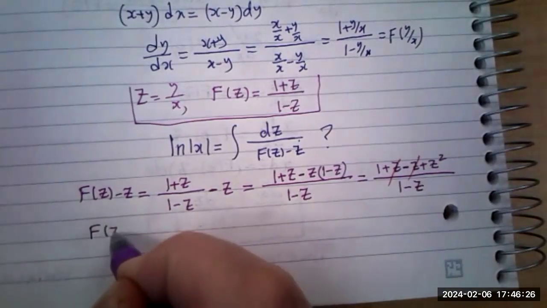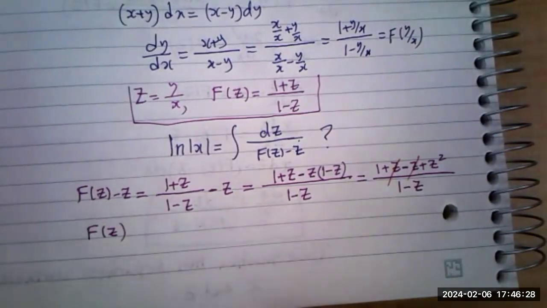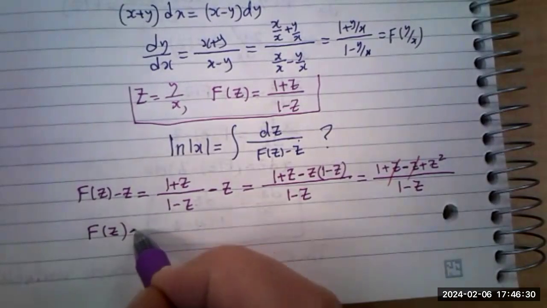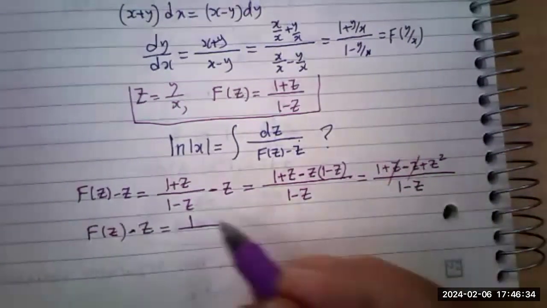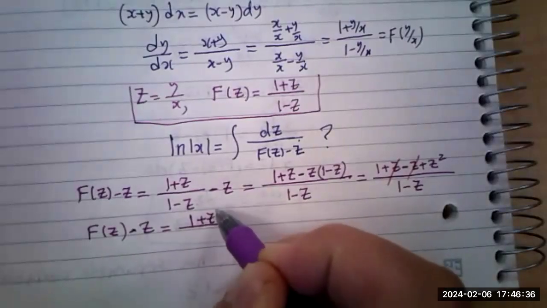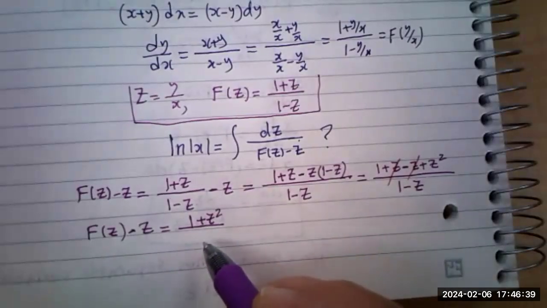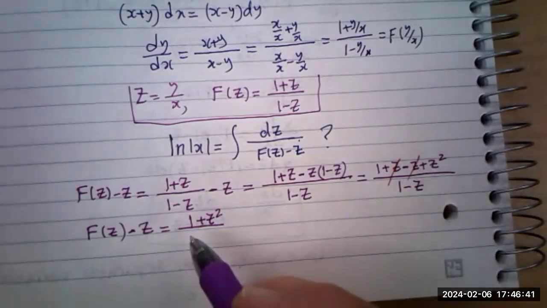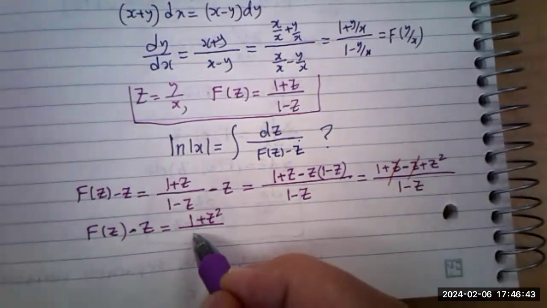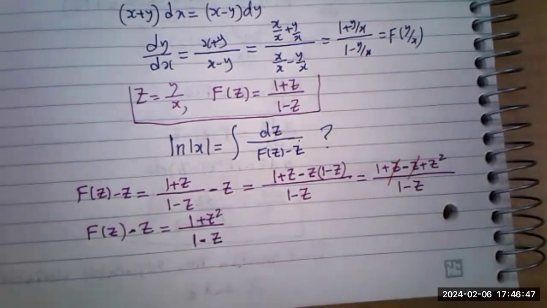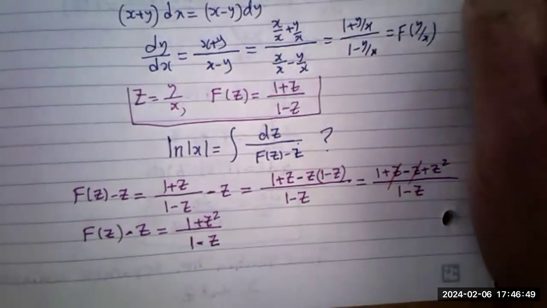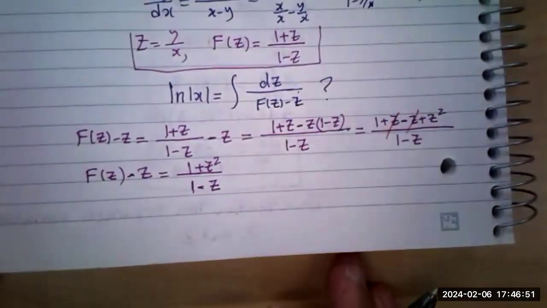So f of z minus z is equal to 1 plus z squared over 1 minus z. So this is going to be your f of z minus z. Any question?